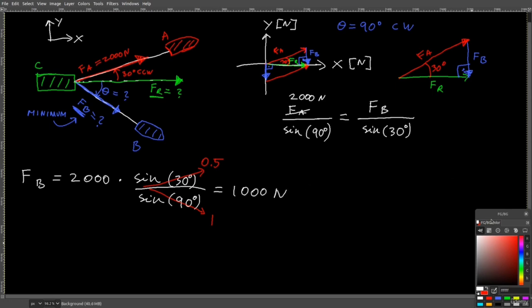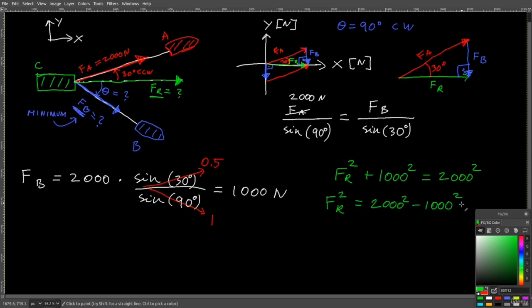And now you can use Pythagoras' theorem to calculate FR. You have FR squared plus FB squared, which is 1000 squared, and that equals FA squared, which is 2000 squared. So FR squared equals 2000 squared minus 1000 squared, and then I'm going to put it to the power of 1/2.